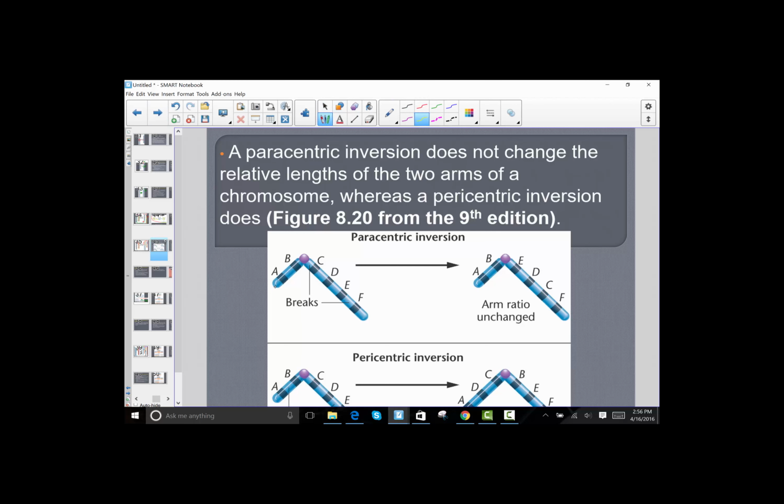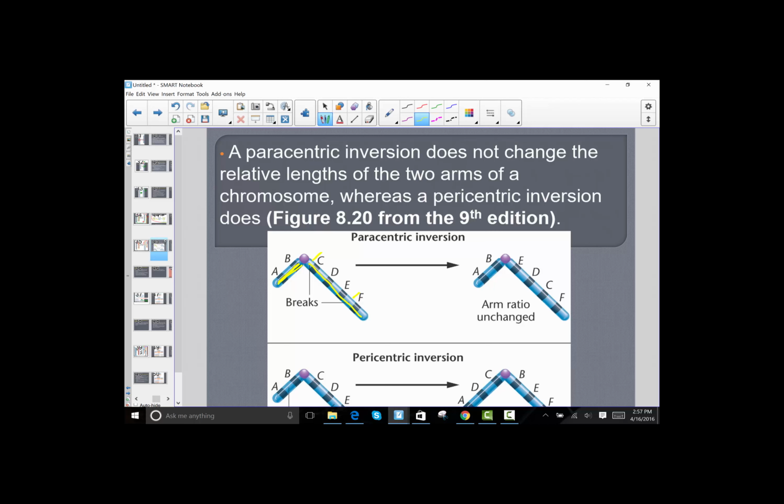an arm A. So this is what arm? Hopefully everybody remembers that this is our petite arm, our P arm, right? And then this is our Q arm. Okay? What this is showing you is that we have a break at this point right here, and we have a break at this point right here.